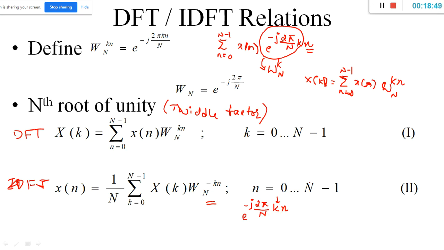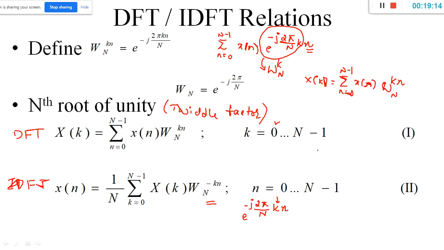When I have a DTFT signal which was a continuous signal, I took only the first cycle. When I take only the first cycle, that is k equal to 0. When I take the second cycle, then it is k equal to 1. When I take k equal to 2, that is the third cycle.